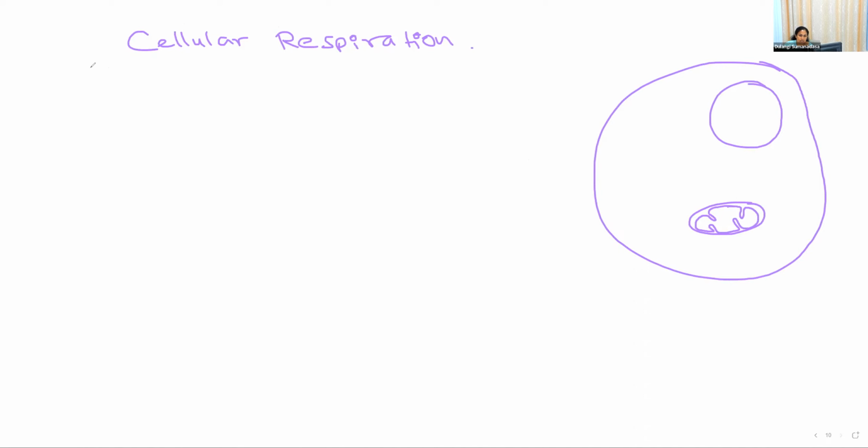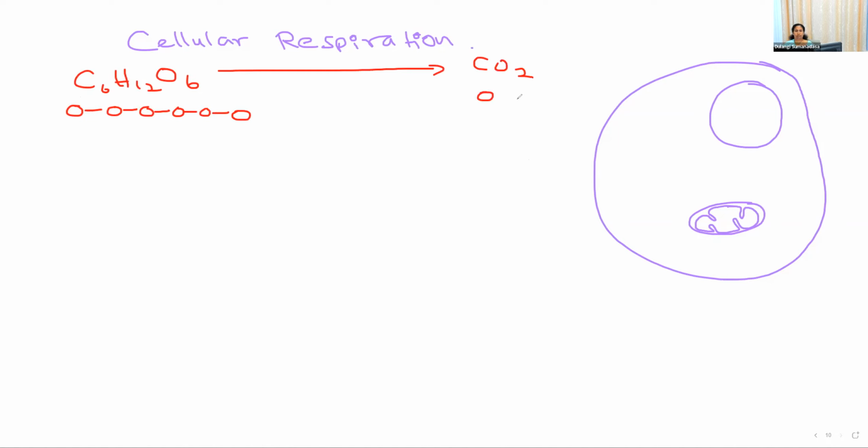Cellular respiration is where we break down 6-carbon glucose until it becomes 1-carbon carbon dioxide. This is an exergonic reaction that releases ATP.